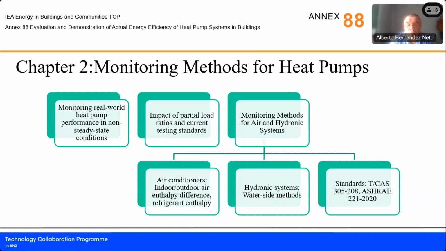We're going to go through air conditioners, the indoor and outdoor temperature enthalpy difference method, for instance, and the refrigerant enthalpy method as well for air systems. For hydronic systems, we're going to show the water-side methods and some standards that work with that. Today we're going to have Professor Baolong looking in more detail at these methods.